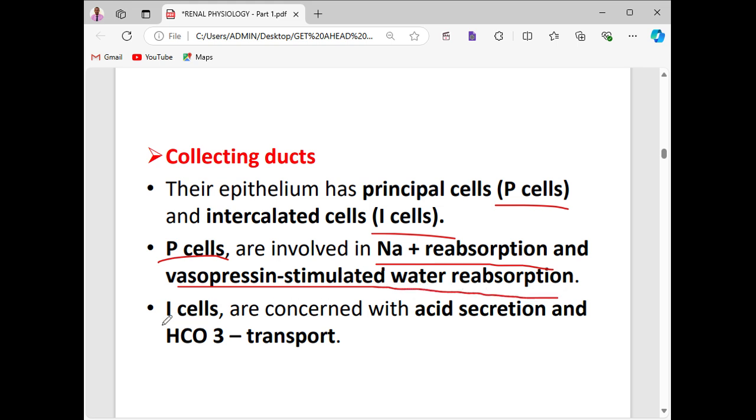The I cells are concerned with acid secretion and transport.